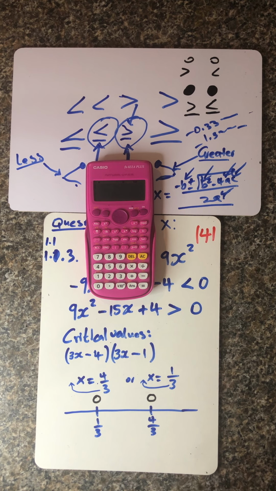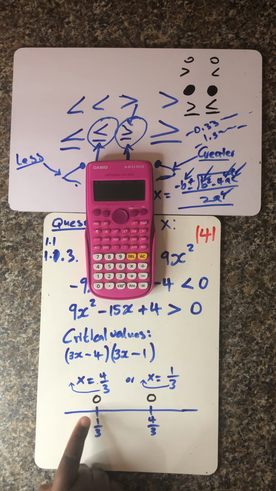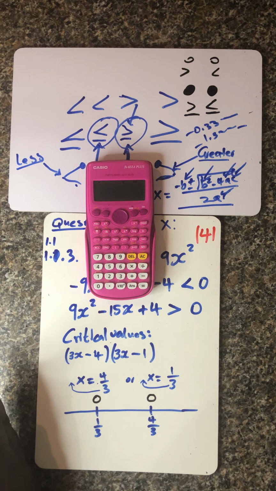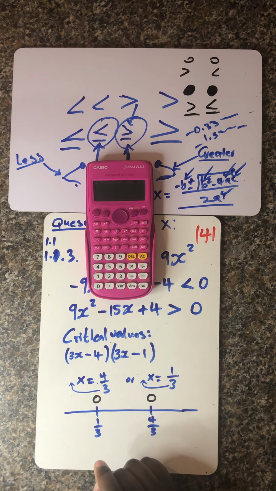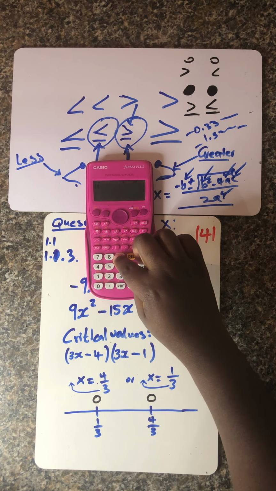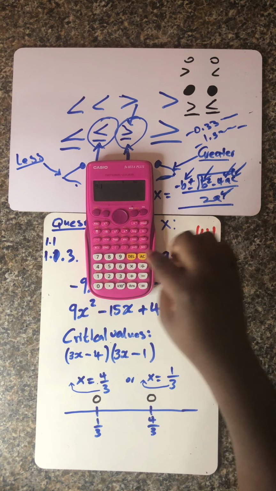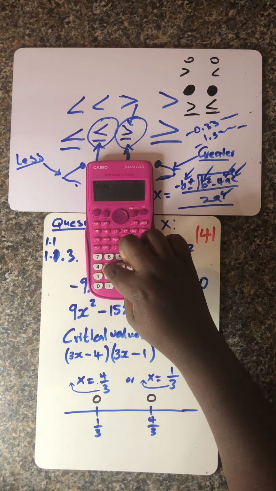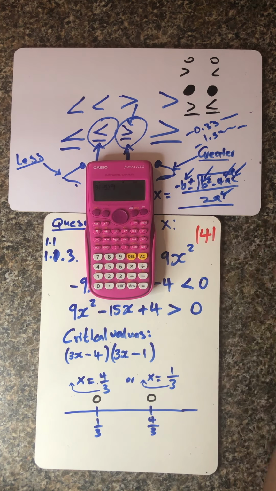Obviously, ladies and gentlemen, you can just use any number on this side of the equation. We can even use, let's say, -5. So you say 9 into (-5), you close the bracket, then you say squared.